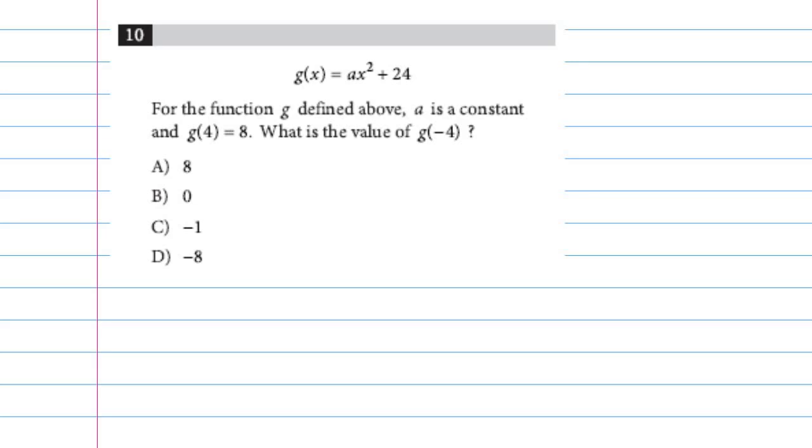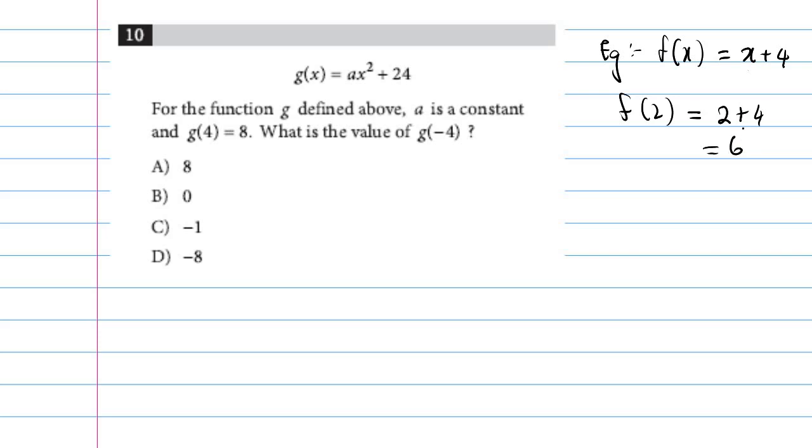Just to give you an idea, if you have something like f of x equal to x plus 4, and you have f of 2, you just substitute 2 for x. So instead of x, you have 2 plus 4, which is equal to 6.